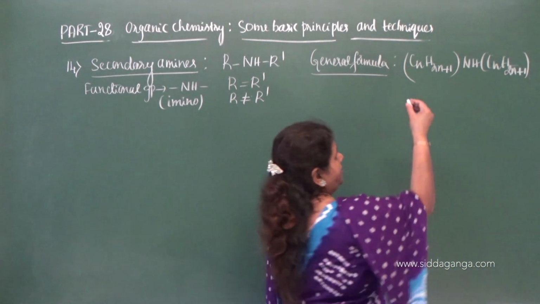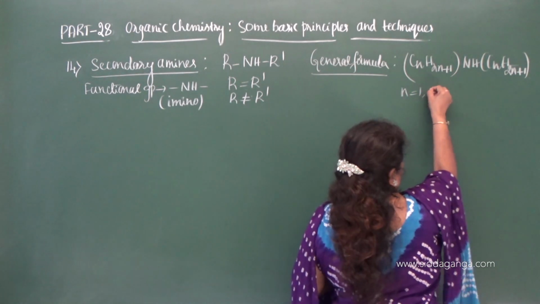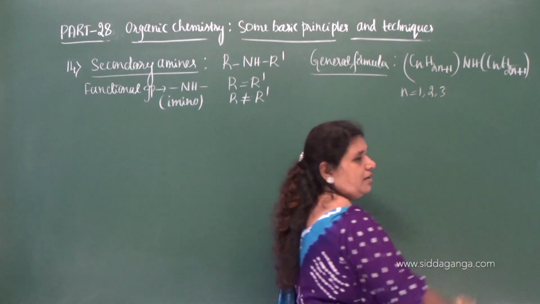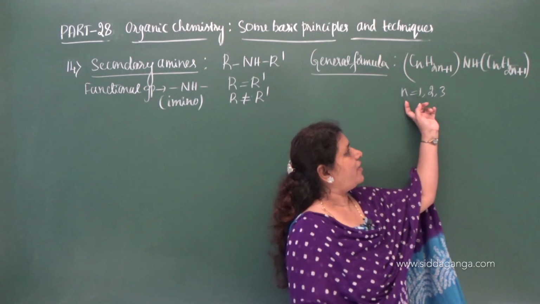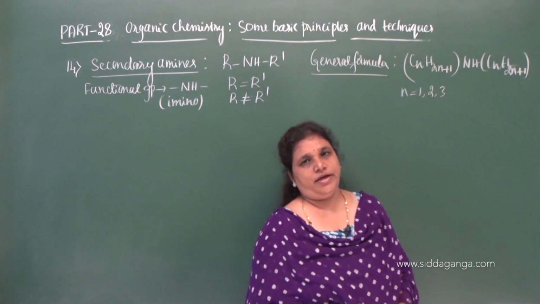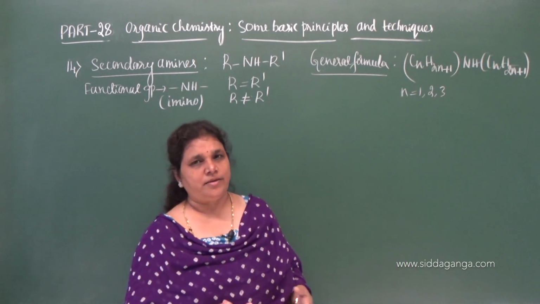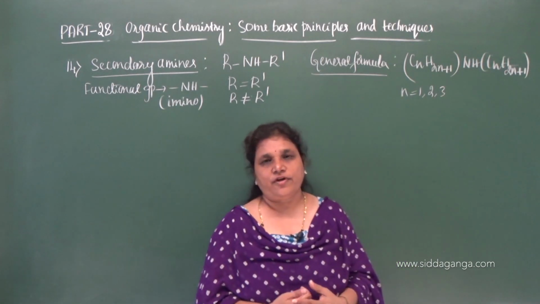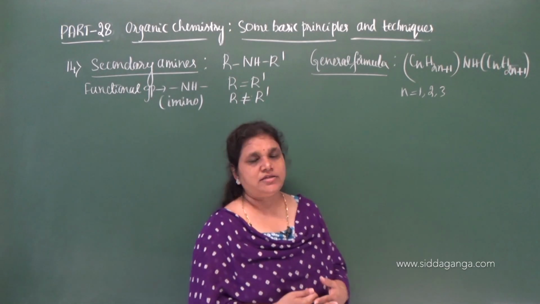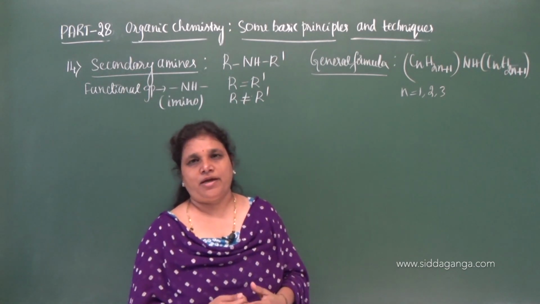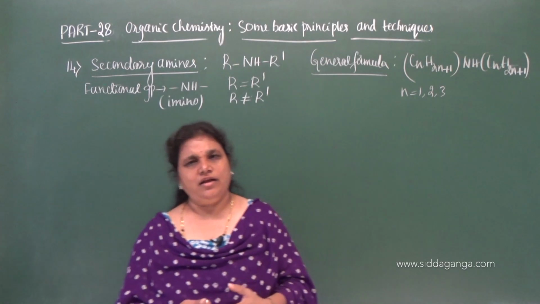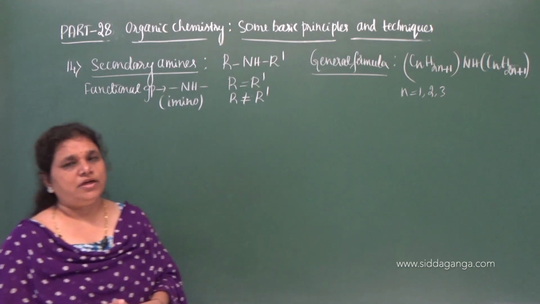If you put n equal to 1, 2, 3 here, and take the same number for n on either side, you will get the secondary amine where R and R dash are the same. If you put different values for n, then you will get secondary amines with different alkyl groups. So let us move on to the common name.